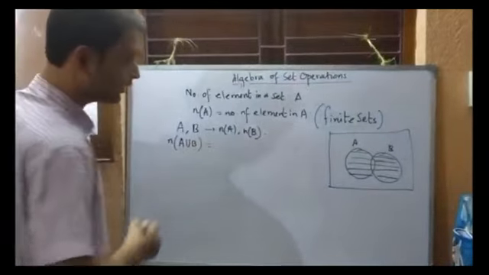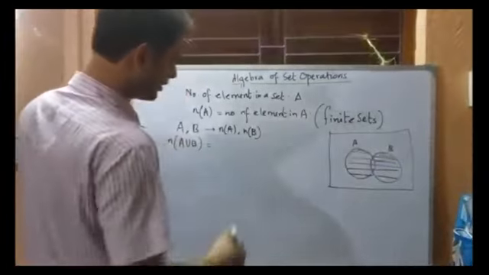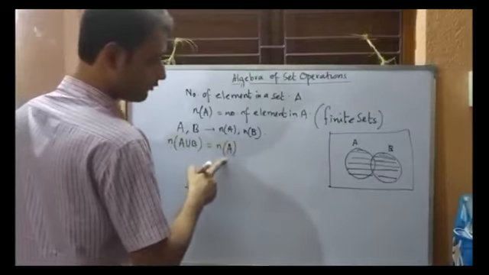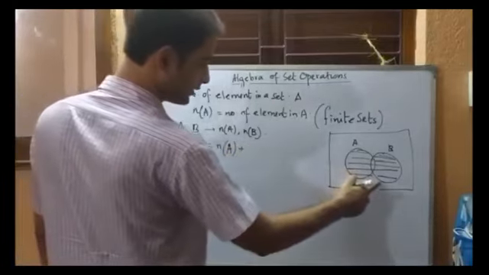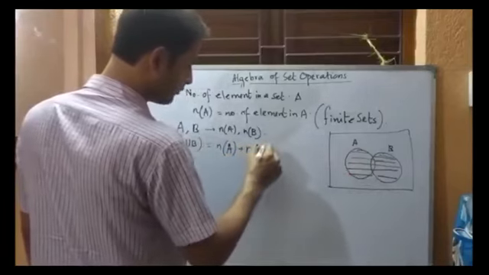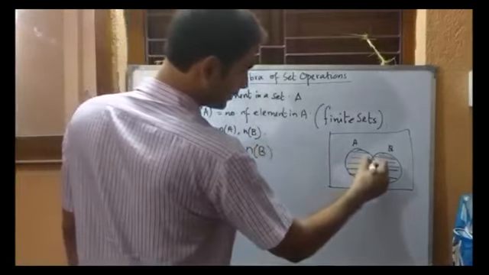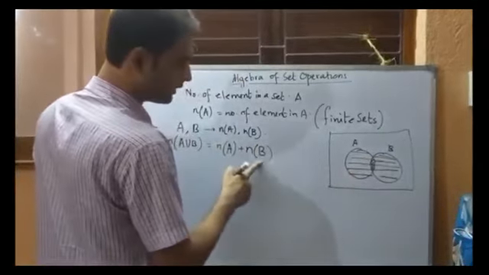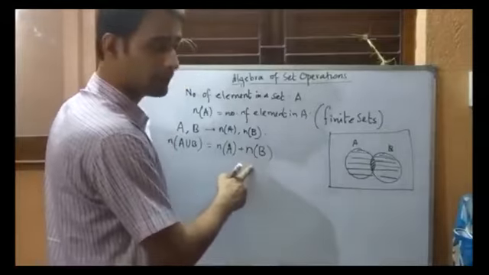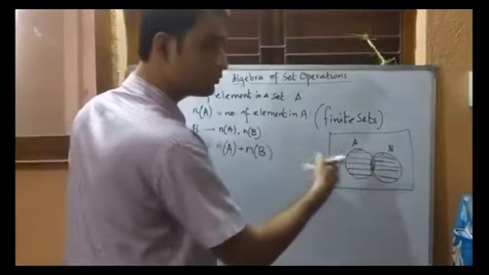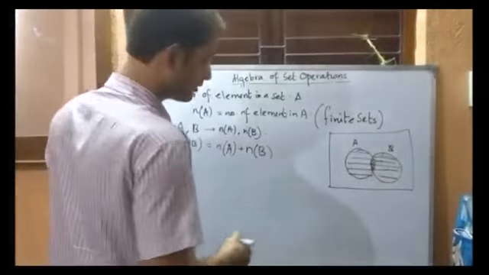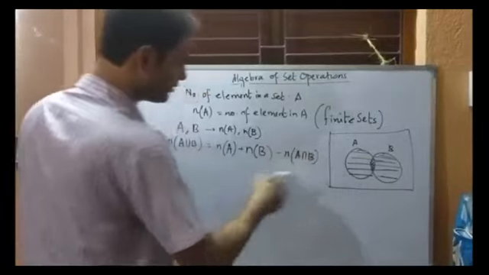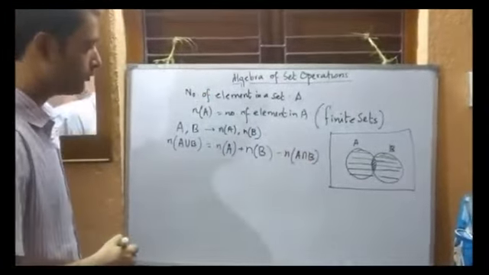Now see, if we consider all the elements in A union B, then we will consider A once, so n of A will be considered once, then the set B will be considered, so it is n of B. Now see, this intersection part, when we are considering A, is considered one time, and again it will be considered if we take B separately. So basically it is considered two times, but we need it only one time. So we subtract it from here, and this will be the formula for n of A union B.